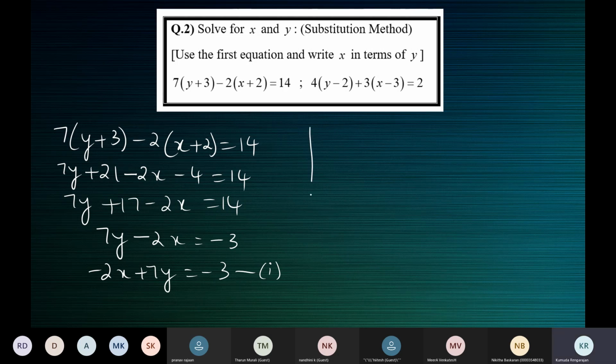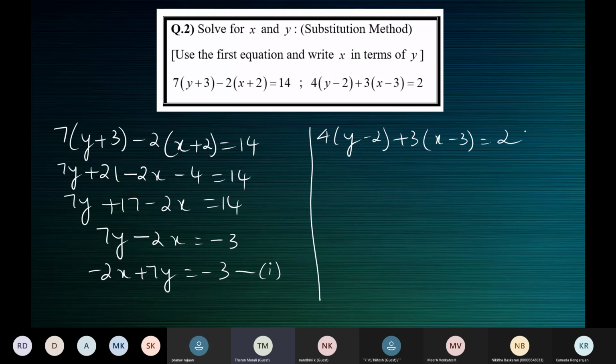Now tell me the second equation. Nandini, are you there? Yes, ma'am. Yes, Nandini? Open the brackets, Nandini. Yes, ma'am. 4y minus 8. Okay.